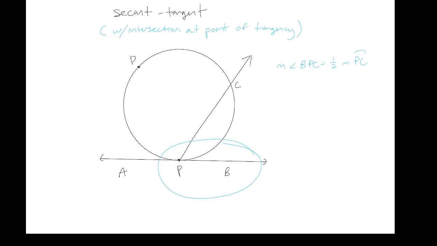Point B is outside of the circle, but this angle still has that 1/2 relationship. Now, if I take the major arc with that obtuse angle, the same sort of relationship is going to exist. It's pretty straightforward, so there's not multiple things to memorize. The measure of angle APC is going to be equal to 1/2 the measurement of that major arc PDC.